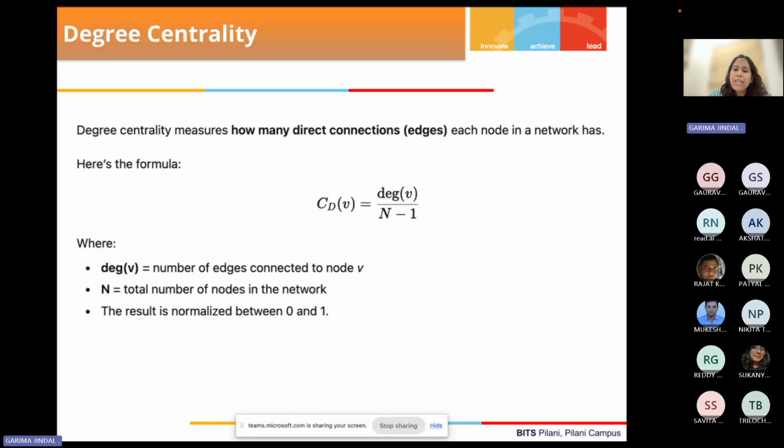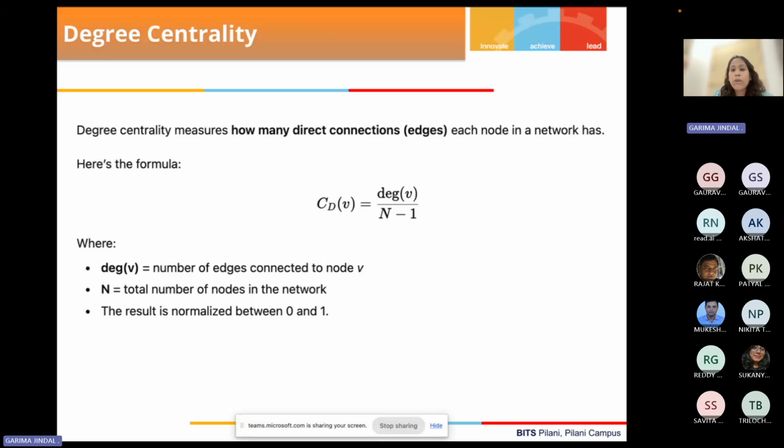The first, very easy and straightforward centrality measure is degree centrality. In the last class we studied that degree is the number of edges incident on a particular node. Degree centrality is calculated by this formula: the degree of a node divided by the maximum degree in the network. If a network has, for example, 5 nodes, what is the maximum degree a particular node can have?